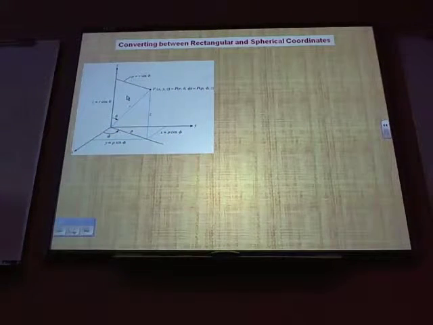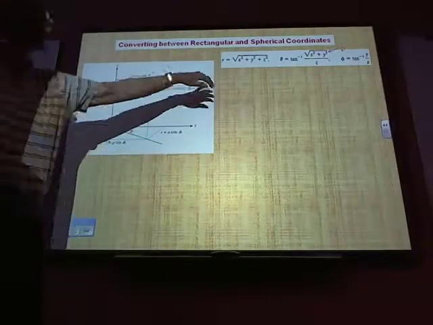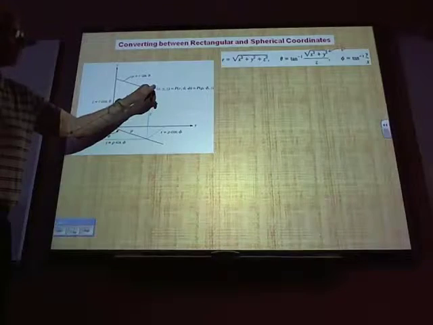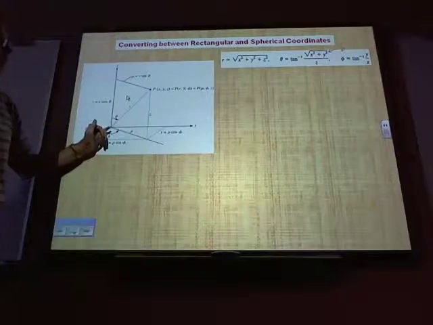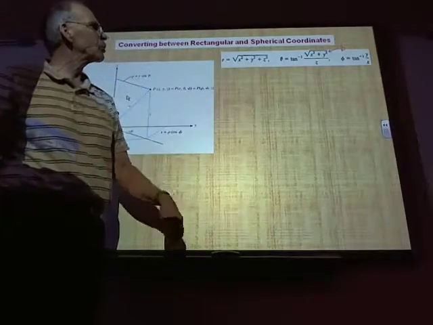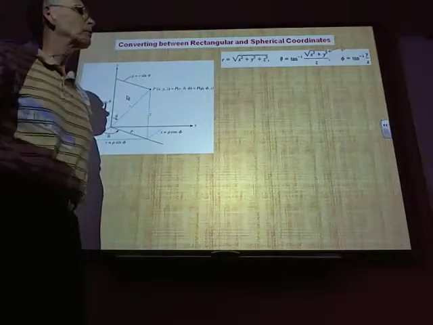And here's a point out here, converting between rectangular and spherical coordinates. Now here's your R. This R vector starts at the origin and goes to this point. It's going to have an x component, a y component, and a z component. In Cartesian coordinates, this is your transformation here. Your r is equal to the square root of x squared plus y squared plus z squared.